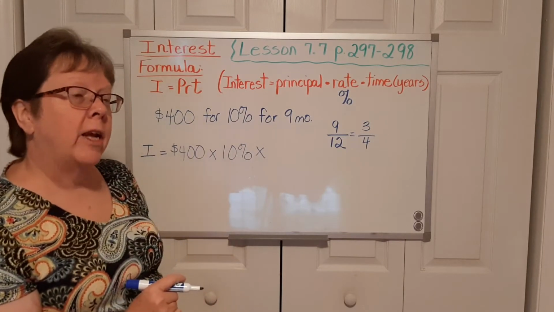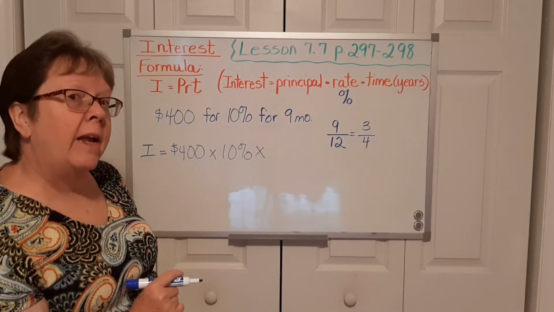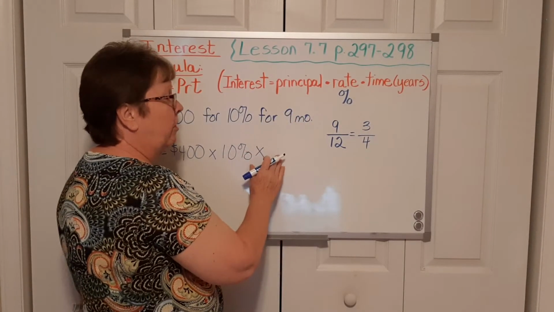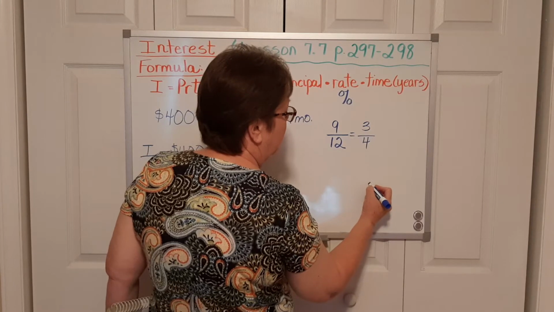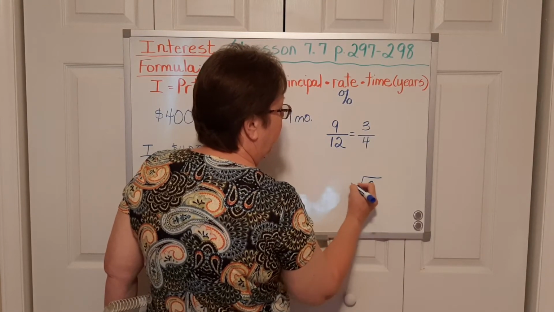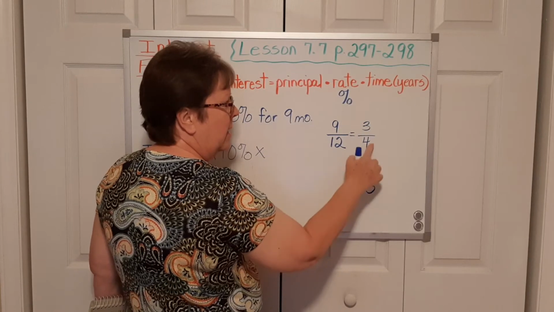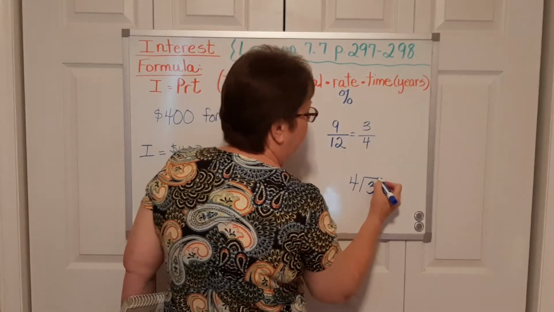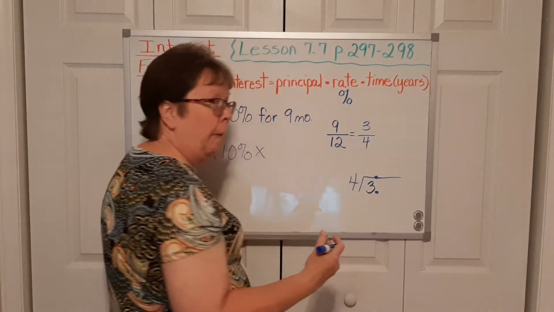And then you have to take the 3/4 and you need to make that into a decimal so it's easier to multiply. Okay? Remember how to make 3/4 into a decimal? 3 divided by 4. Top number goes inside the box, bottom number goes outside. Now, many of these concepts you should already know because we learned them, okay?